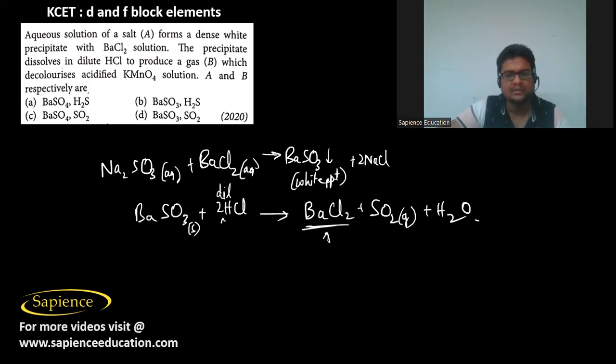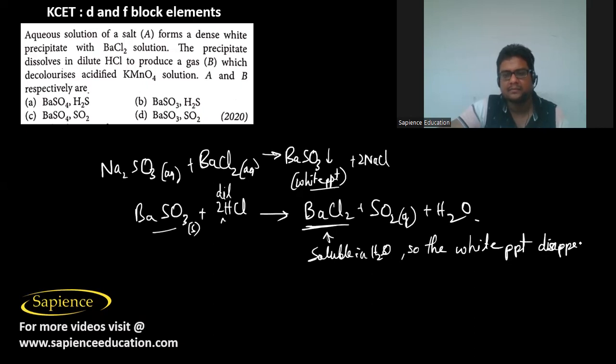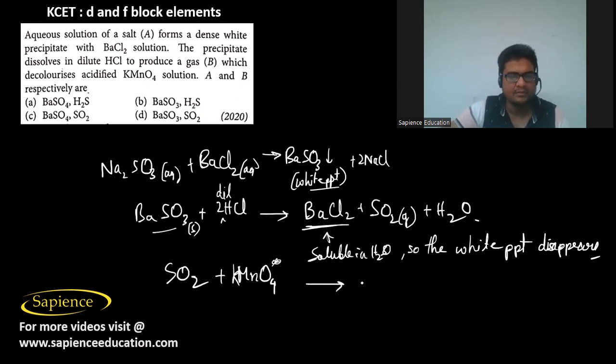And here this BaCl2 is soluble in water, so the white precipitate disappears. And this SO2, the sulfur dioxide gas, will react with acidified KMnO4 solution to form Mn2+.